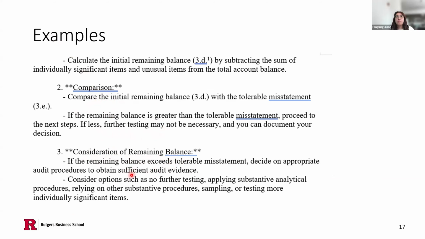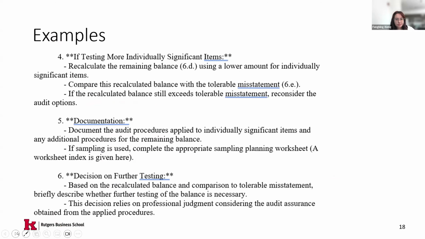Auditors need to record and document what they have done, and decide what they need to do next. Then they decide whether they need to test more individual significant items, then do documentation and make a summary of their decision on the further testing. This is a real example of what auditors need to do for one auditing task.